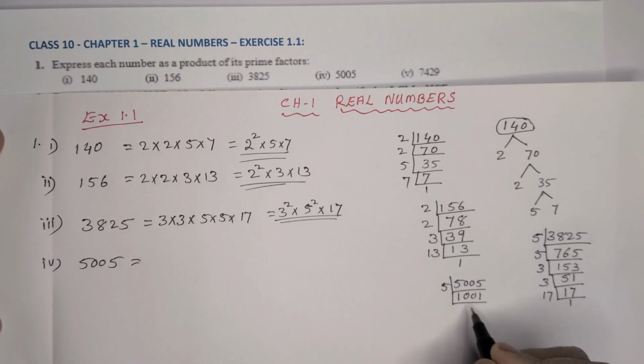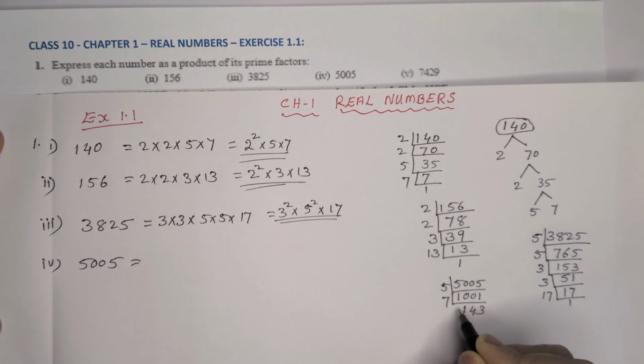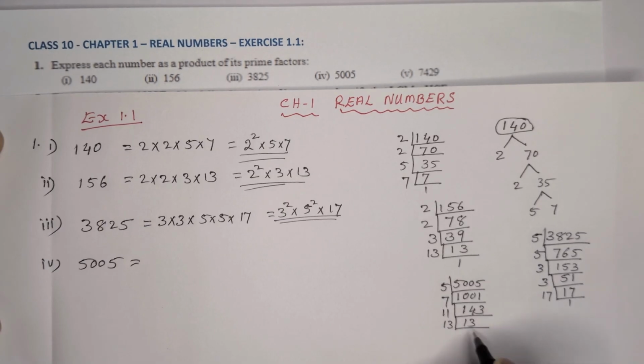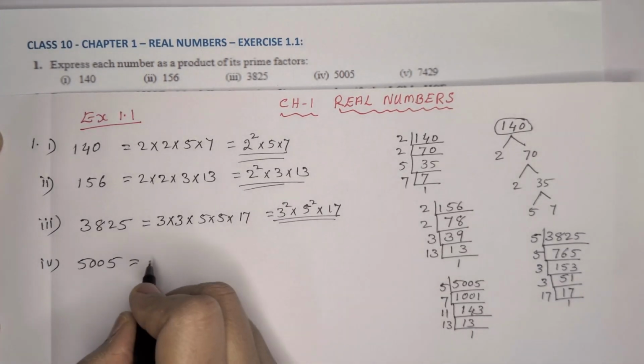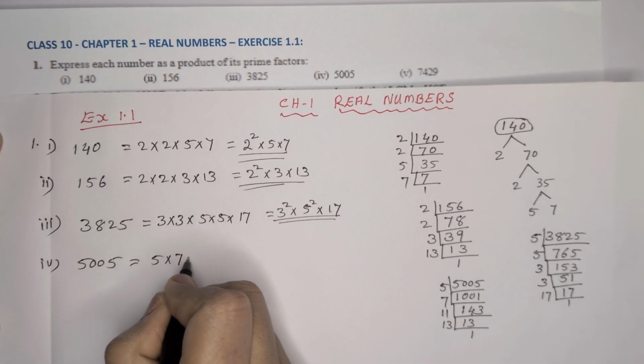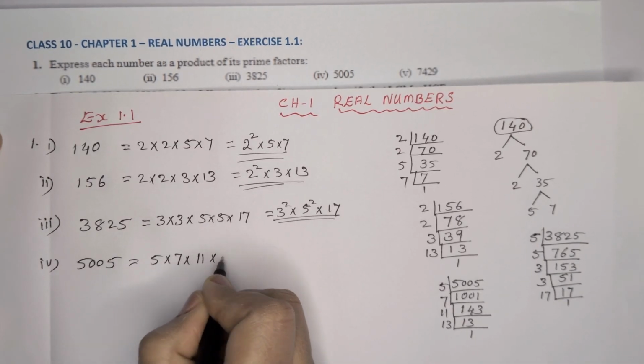Then the next prime number is 7. Here 143. After that the number can be divided only by 11. 13 times 11, and 11 and 13 are prime numbers, so one time each. Here we are getting 5 into 7 into 11 into 13.